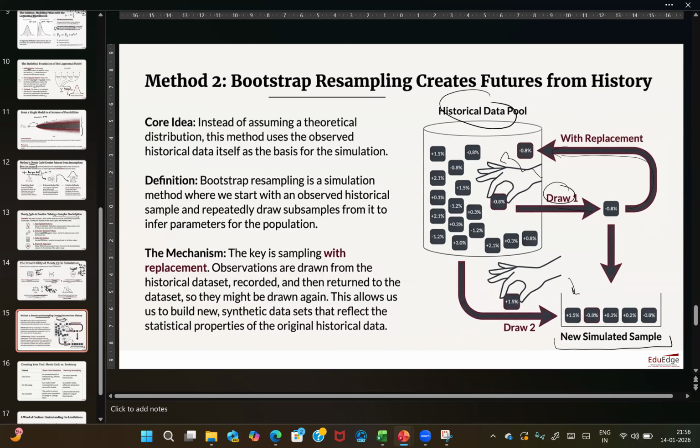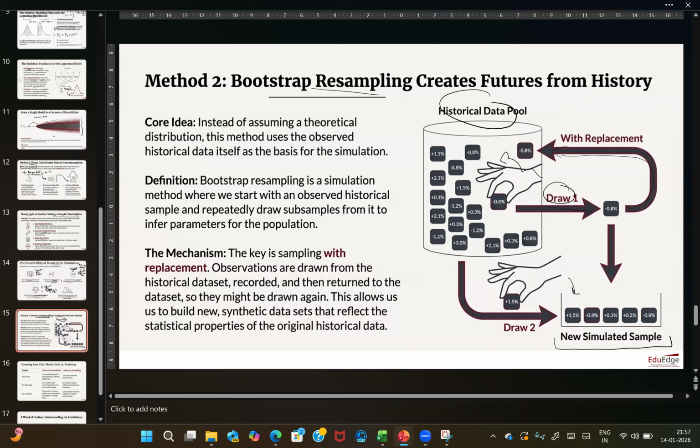So you can keep on doing this, and then you can find the average of all these values and use the approach, the second part, which was used in Monte Carlo simulations. But the key difference between Monte Carlo and bootstrap resampling is that Monte Carlo simulation is going to simulate future paths.